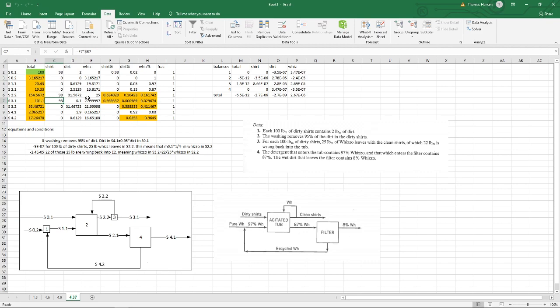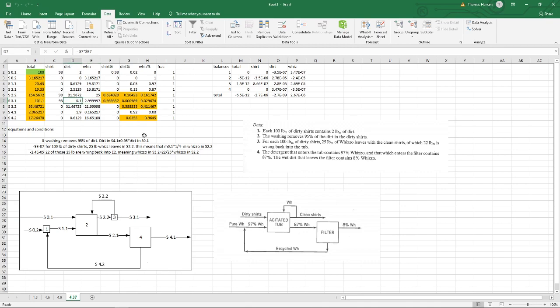Hey, no dirty minds in my chat. The shirts do actually gain weight, because if you look, although we are going from the shirts containing 2 pounds of dirt to only 0.1 pounds of dirt, we are not managing to wring out all of the detergent, all of the Wiso.